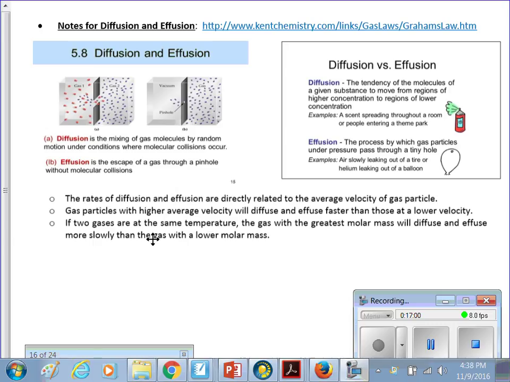If you have two gases that are at the same temperature, the gas with the greatest molar mass will diffuse and effuse more slowly because mass is related to velocity. If your mass is high, the speed of the molecule will not be as fast as a gas with a lower molar mass.